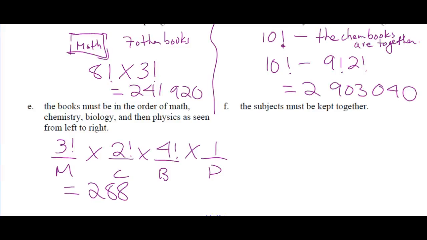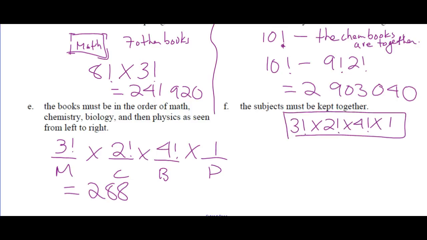The subjects must be kept together. So now it's really these 288 ways, right? Okay, so the math is together, the chem is together, the bio is together, and physics really only rates 1 book anyway. But now they're together, but how many orders can they be in? 4 factorial.